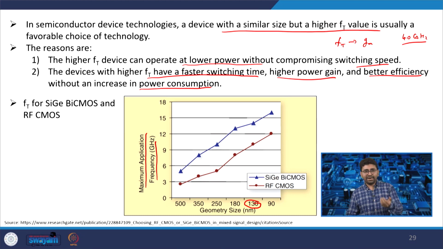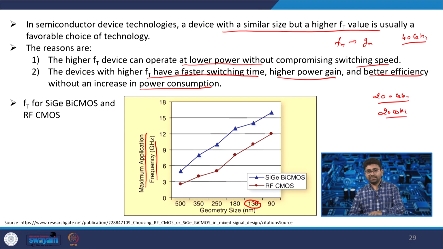But your workable frequency generally will be 10 times less. So, if your FT, let us say, is 200 gigahertz, we are never going to use our device at 200 gigahertz. We are going to work at around 20 gigahertz.